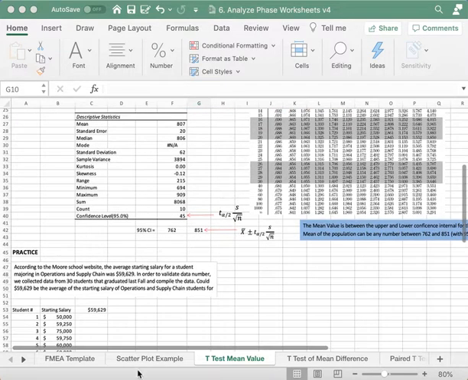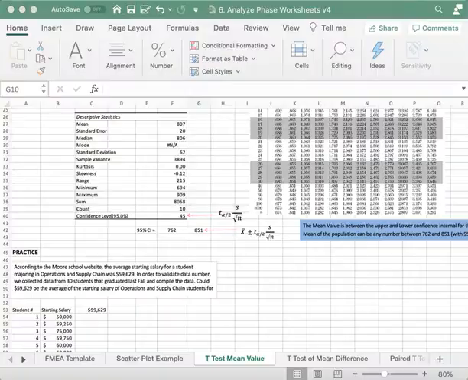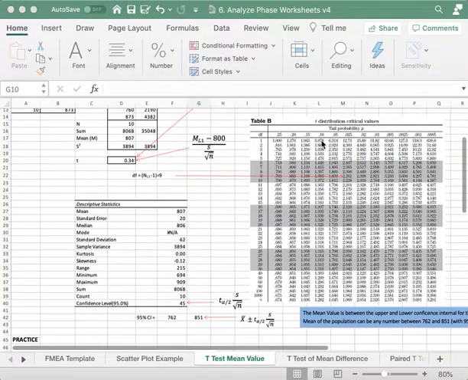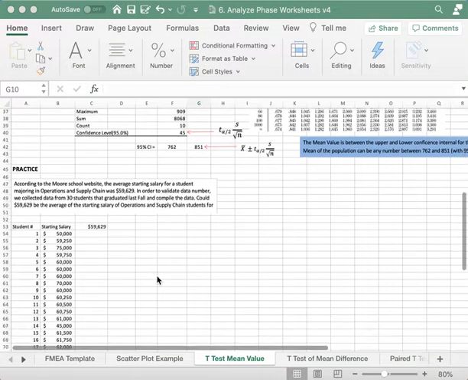I want you to do it in both ways, the confidence interval and the statistical test, and hopefully they will give you the same answer. Remember, if the t statistic is higher than the critical value, I can reject. If it's within those limits, I cannot reject. We have the critical values here to tell you.